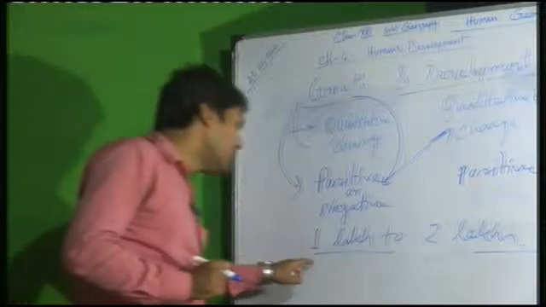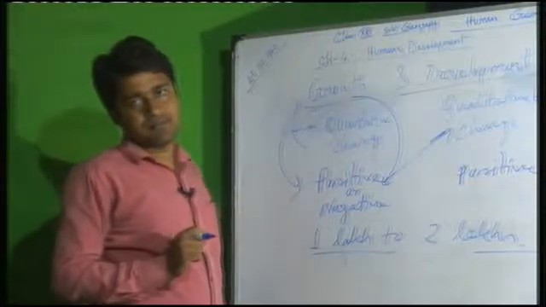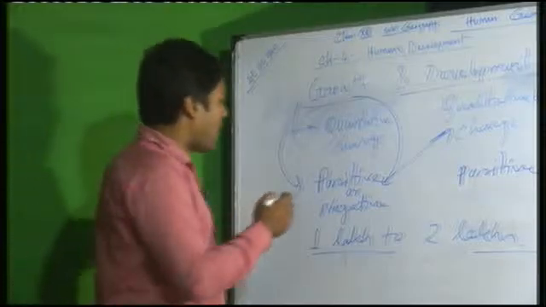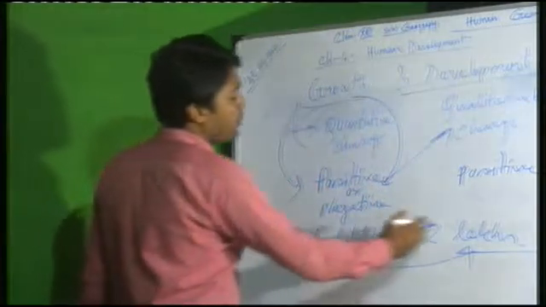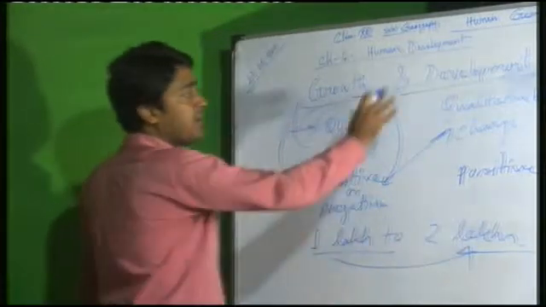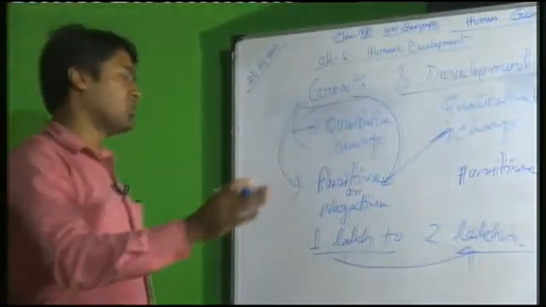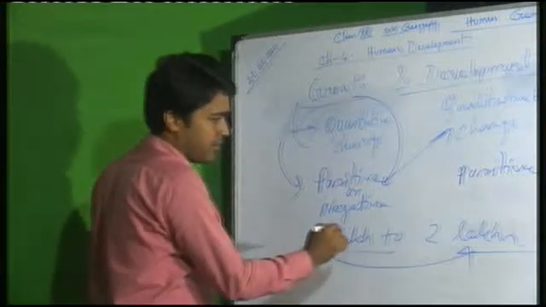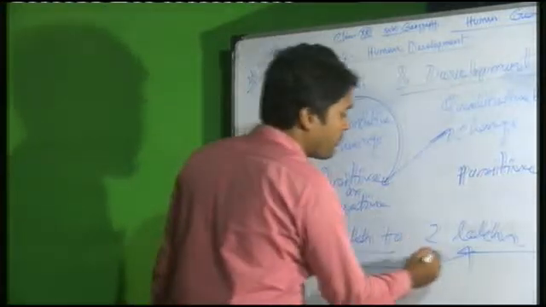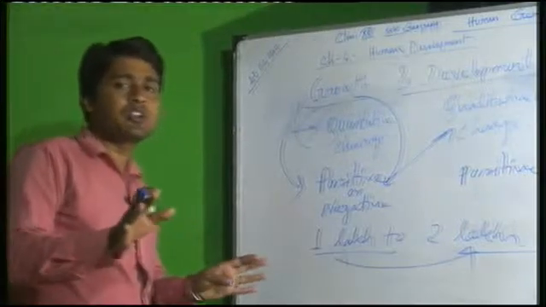So the population increases from 1 lakh to 2 lakh. This is the growth. But the basic amenities or basic requirements that the city had when the population was 1 lakh are the same when the population is 2 lakh. That means this type of facility does not change.